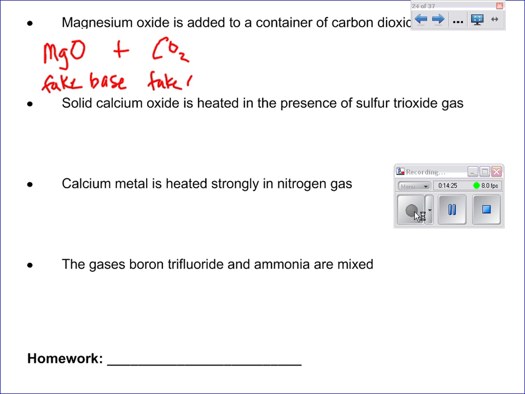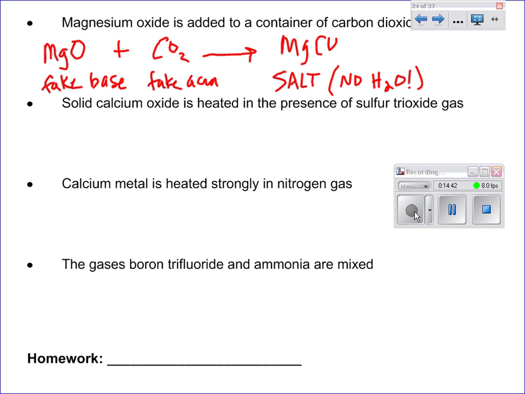Which is a fake acid. When we add a fake acid and a fake base, what did we make? A salt with no water. So what's the salt we make? Yep, magnesium carbonate. That's it.